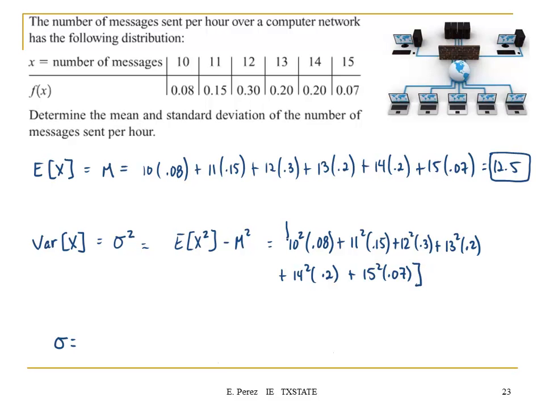So this gives me the expectation of x squared. Now I need to subtract mu squared, so mu is 12.5 squared. And the variance equals 1.85. The standard deviation will be the square root of 1.85, which is 1.36.